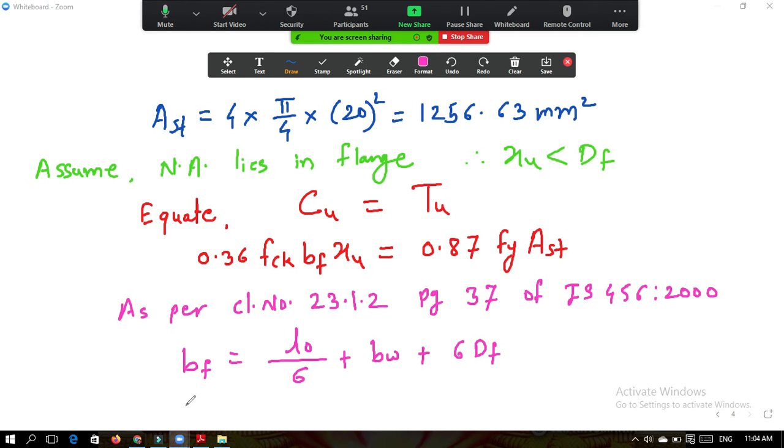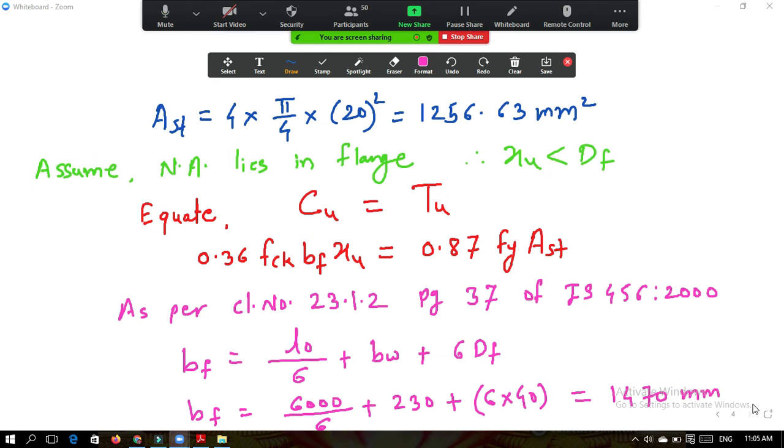Now put the values in the formula. So bf is equal to 6000 divided by 6 plus 230 plus 6 into 40. If you solve, you will get the value of bf 1470. This is the width of flange.